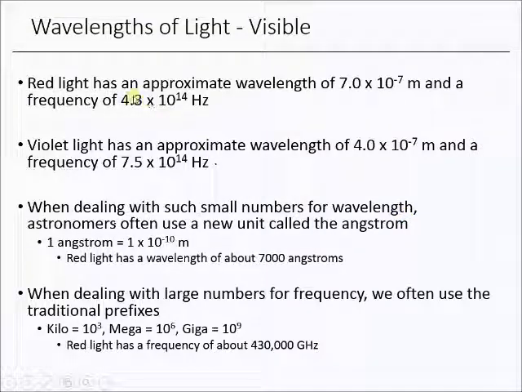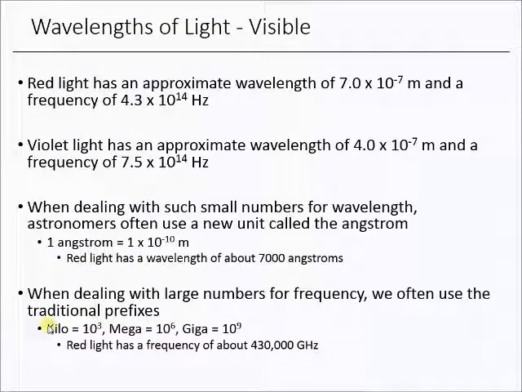So again, these visible wavelengths, if you were counting these in meters, see this is really small. That's why usually we use nanometers, and then the frequency we use hertz as our unit here, and then we usually convert this to nanometers, which is written as nm there, and again it's just a standard metric conversion.